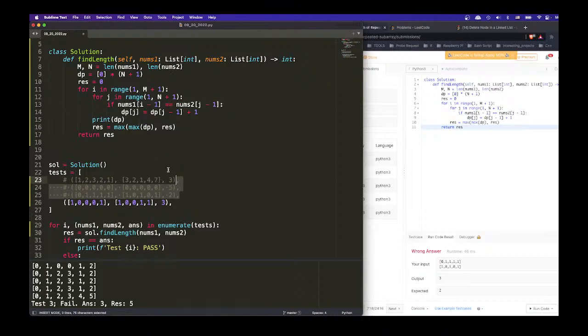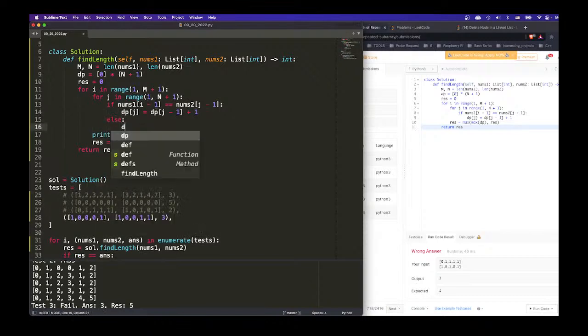I mean, I doesn't even have to. Basically, we're saying 1, 2, 3, 4, 1, 2, 3, 4, 5. The last one. That's 1. That's 2. That's 3. Then this should be 0. Oof. Then else dpj equal to 0.